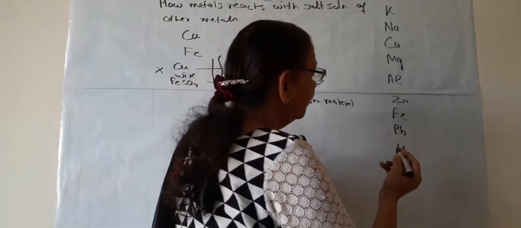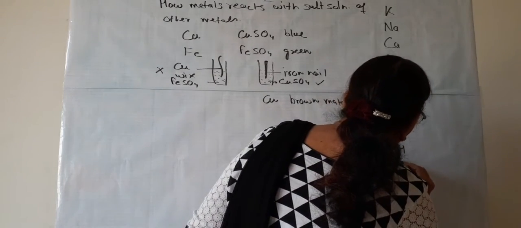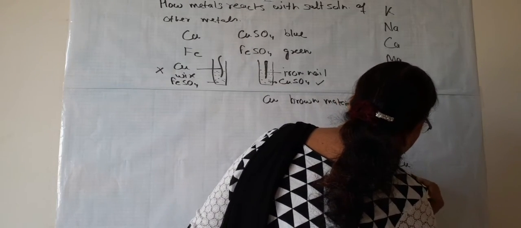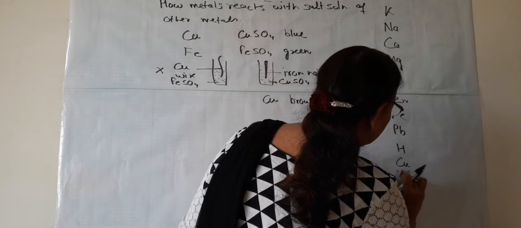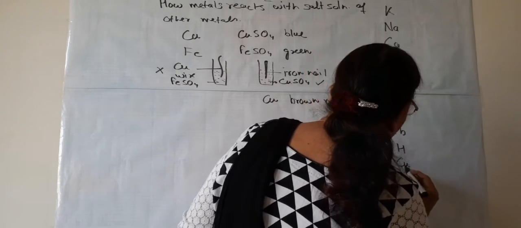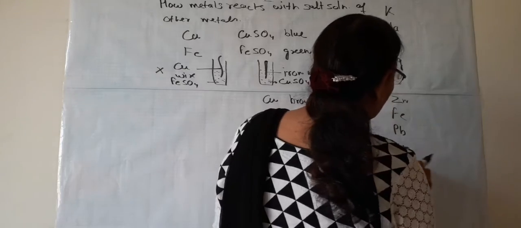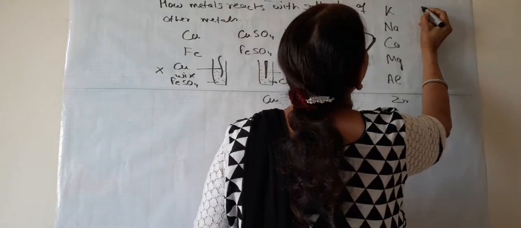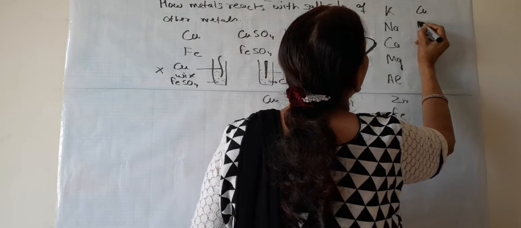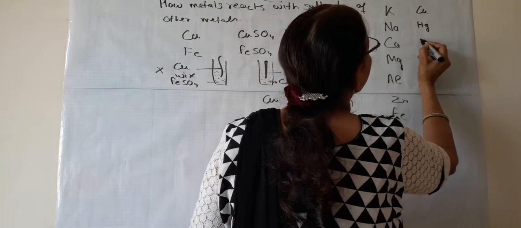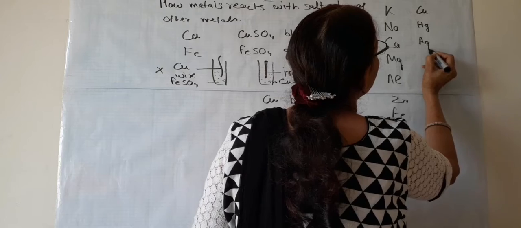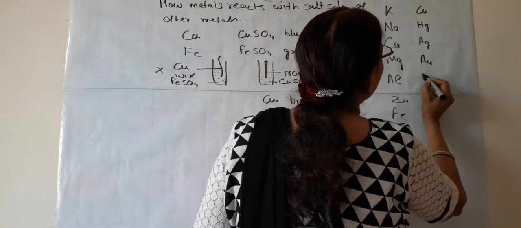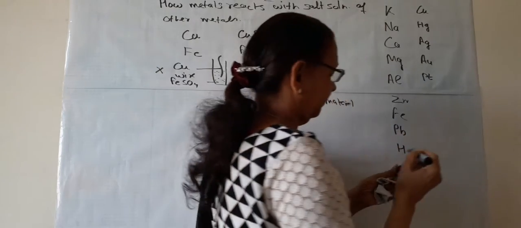And after hydrogen we have copper, mercury, silver, gold and platinum.